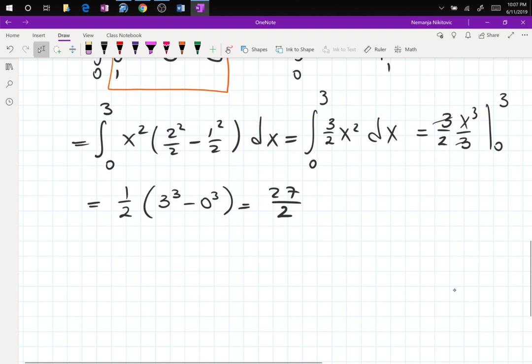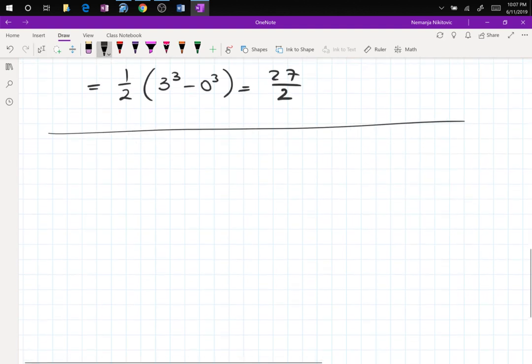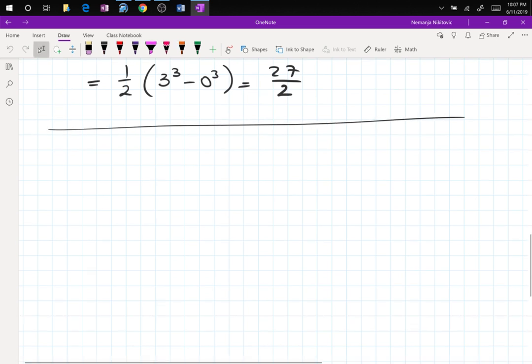So let's go and take a look at some problems. So here is a wonderful example where, let me just try and quickly sketch this one.